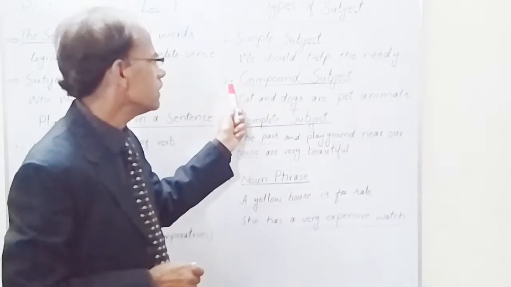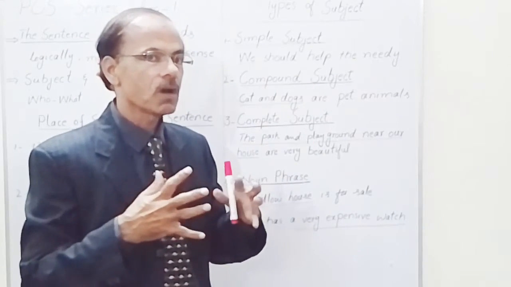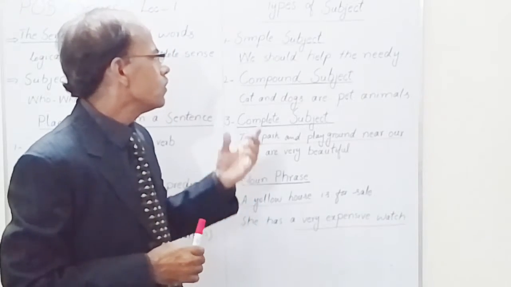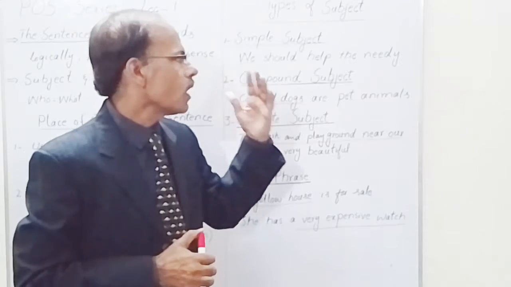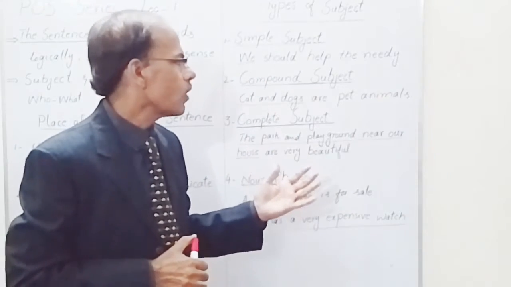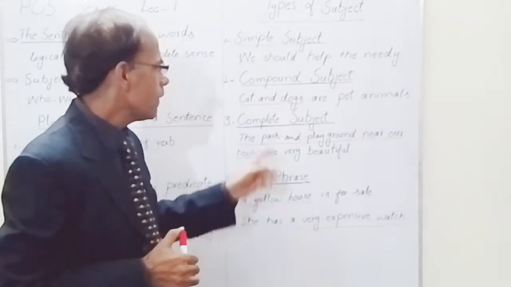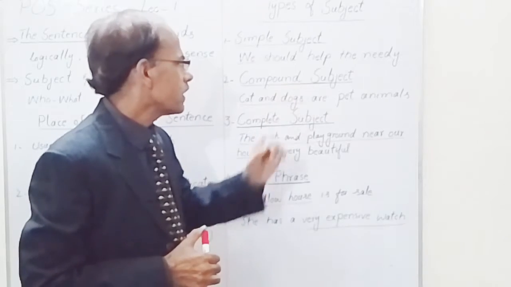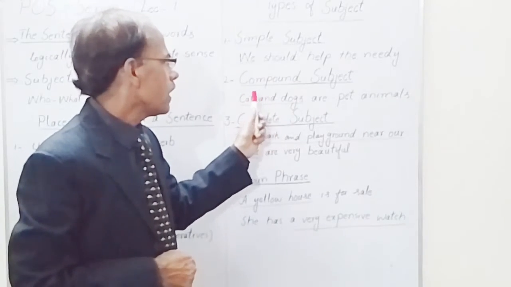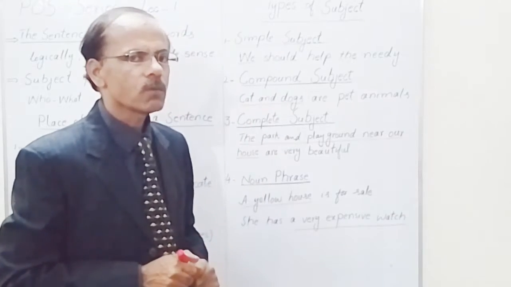The next one is called compound subject. Compound, a combination of two. It means if two nouns, proper nouns, any kind of noun or pronoun are used, then it is called a compound subject. Here cat is one noun and dogs is another noun.